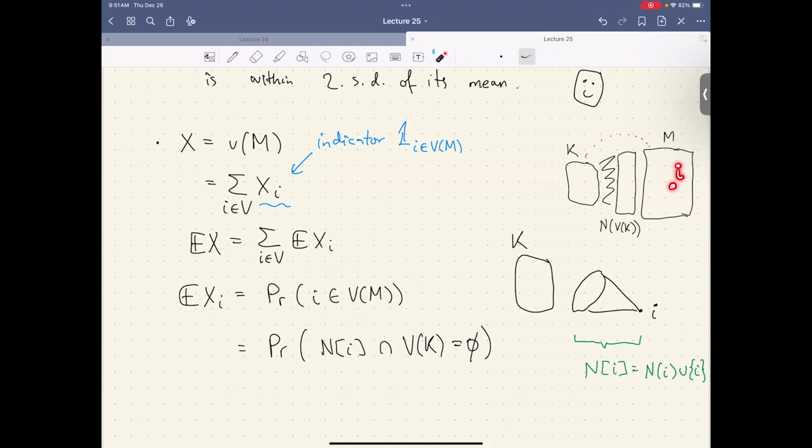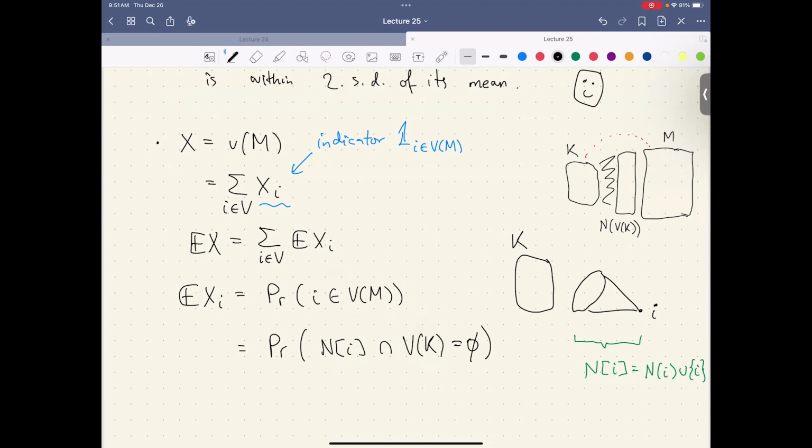That means, first of all, i is not in K. Second of all, the neighborhood of i cannot be in K. So the neighborhood of i is either here or here, disjoint from K. Is that clear?